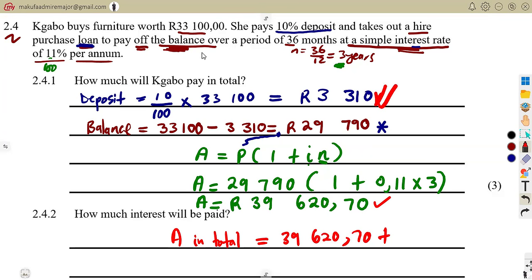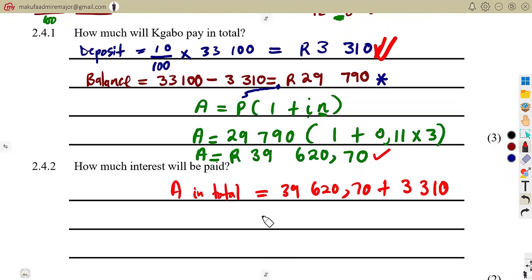Remember, you deposited this amount in the first place. In order for him to take that furniture, you are supposed to pay a deposit first, so you must add that deposit. That gives us 42,930.70. This is everything that he was going to pay in total.